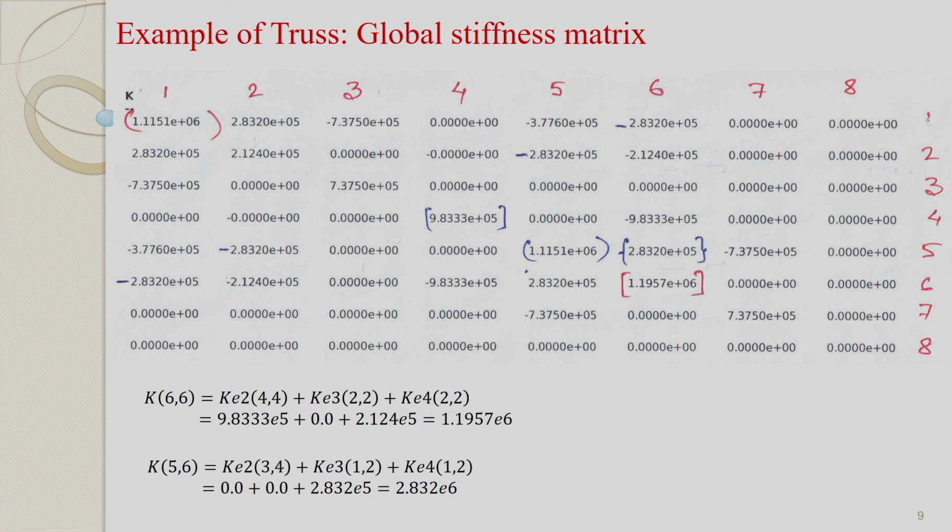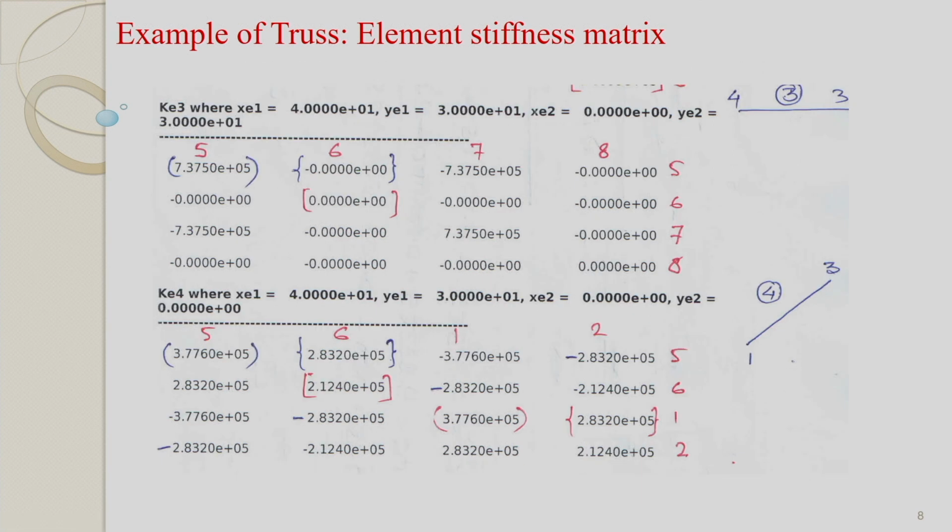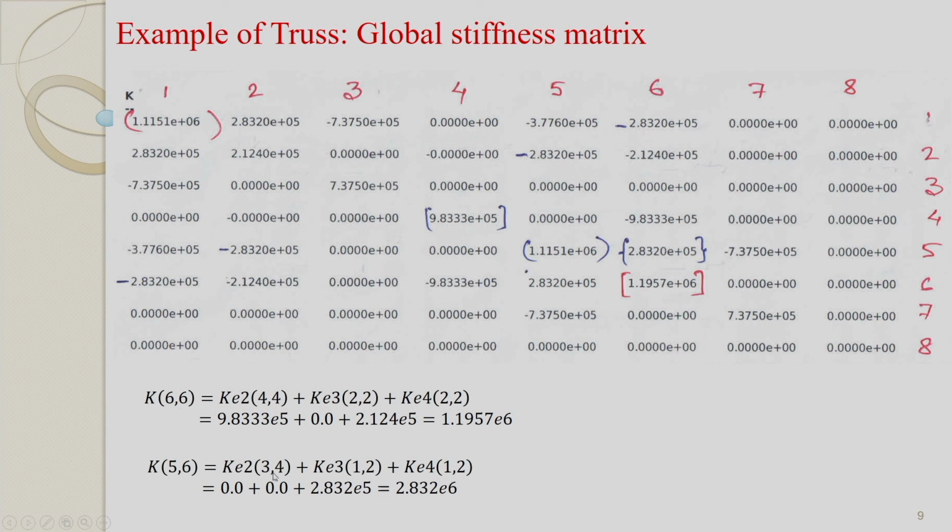Similarly, the 5th row and 6th column. So, this is the 5th row and 6th column. In Ke2 it is 3rd row 4th column. So, Ke2 3rd row 4th column, these are the local positions.